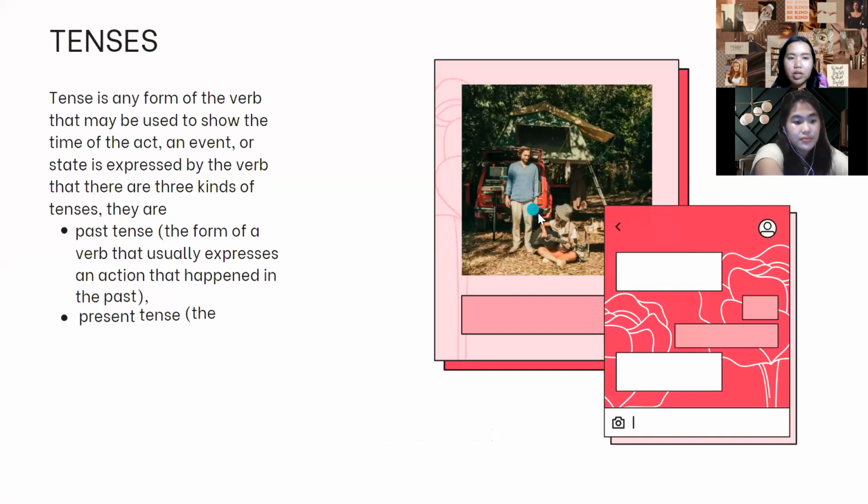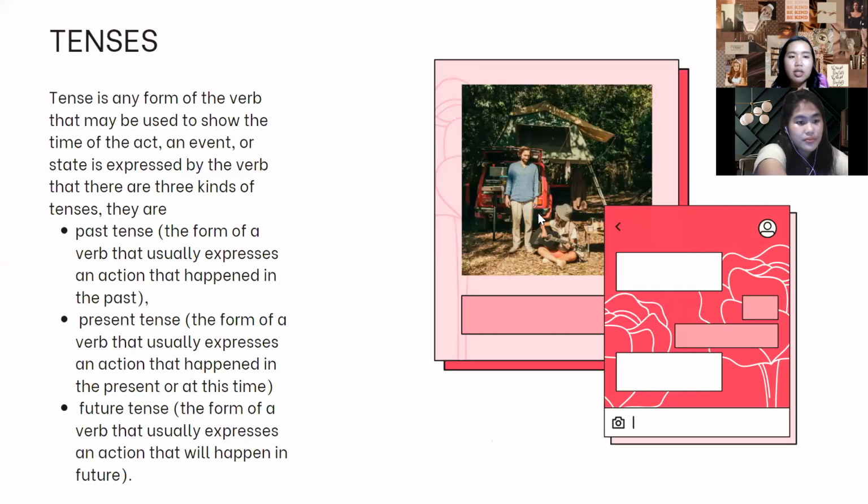First, I'm going to explain about tenses. Tenses are any form of the verb that might be used to show the time of an act, an event, or the state expressed by the verb. There are three kinds of tenses. First is past tense, which is the form of the verb that usually expresses an action that happened in the past.